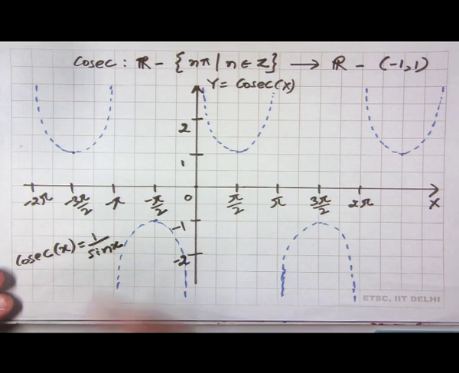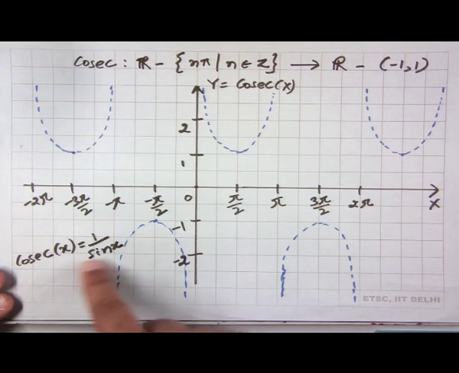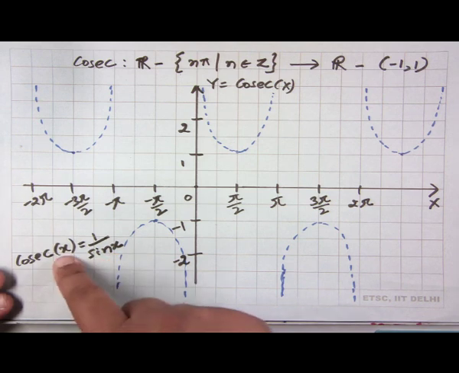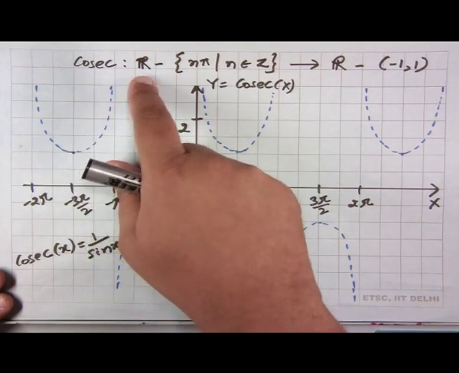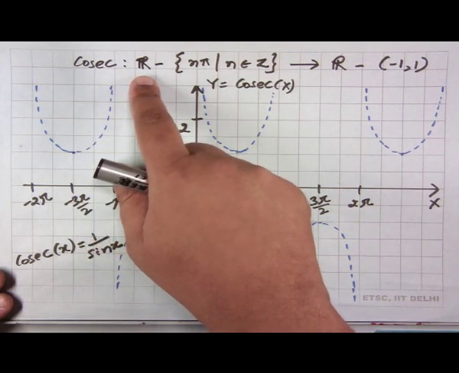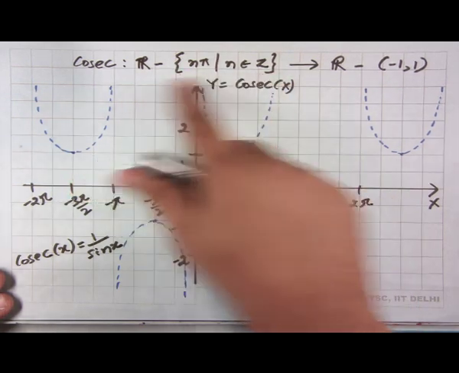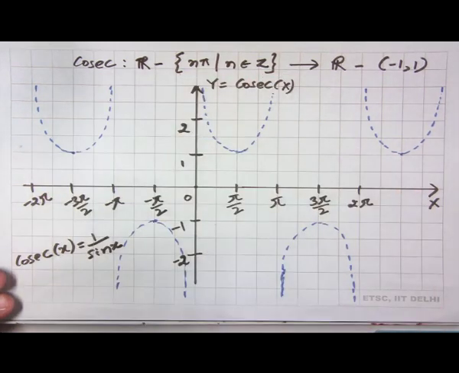Because it is 1 over sine of x, it will not be meaningfully defined whenever sine x is equal to 0. So, whenever x is an integer multiple of pi, cosec of x is not meaningfully defined, and therefore, the domain of the cosecant function is the set of all real numbers except integer multiples of pi. So, that is the domain of cosec x.